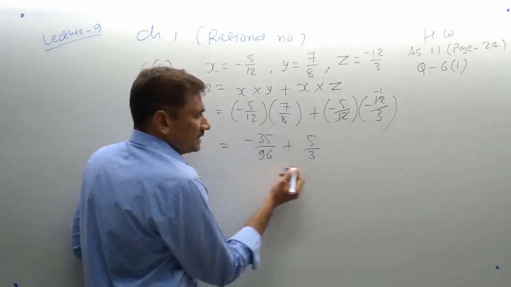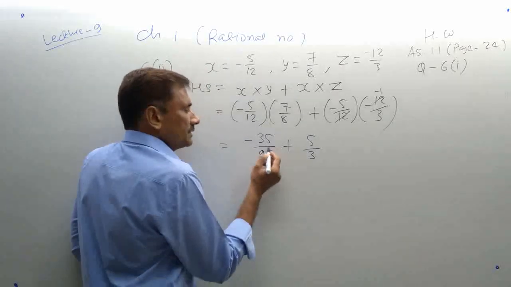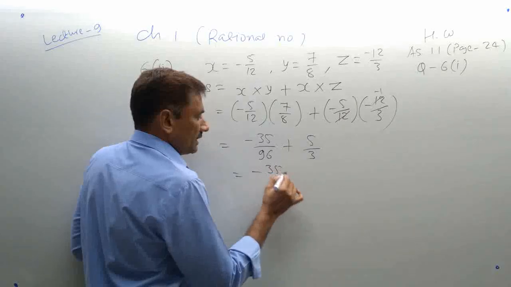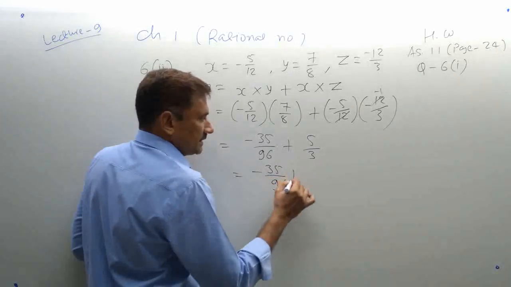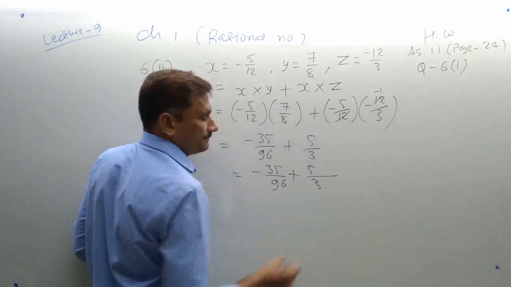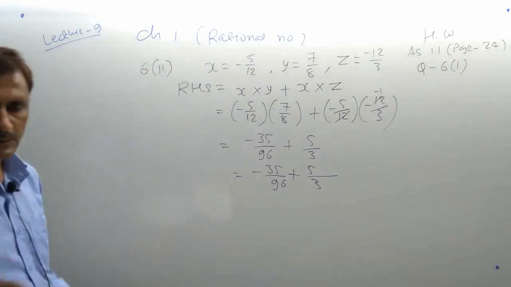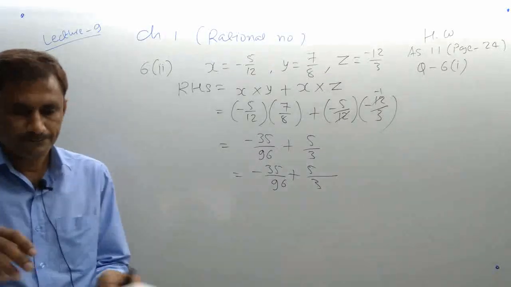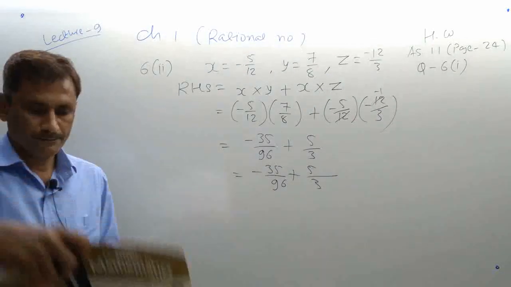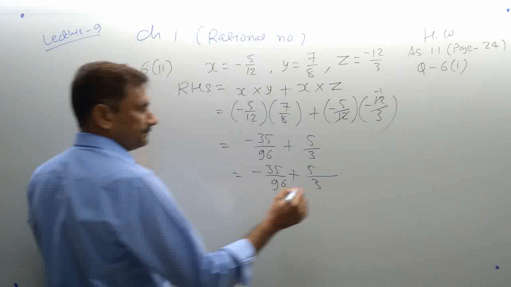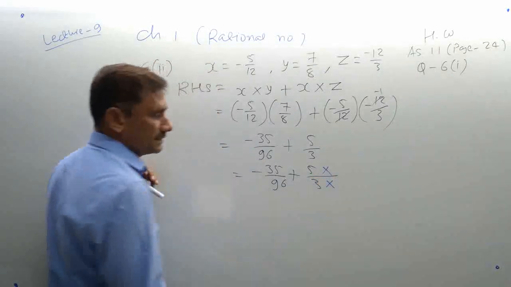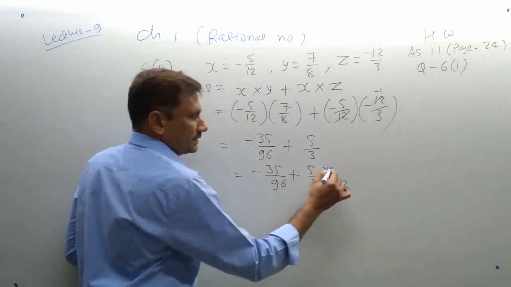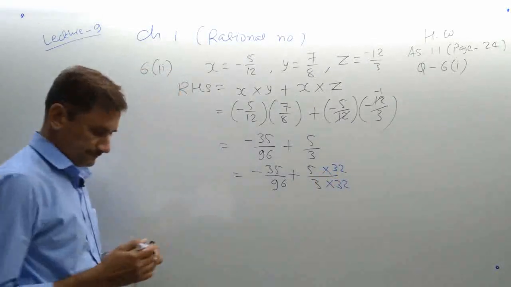So let's see, this is a multiple of 3, so 96 itself is the LCM. So here the LCM 96 is already there. Here try to get 96 in the denominator. How? By multiplication only. Whatever number you want here, 3 32s are 96, so 5 into 32. So here also 32.